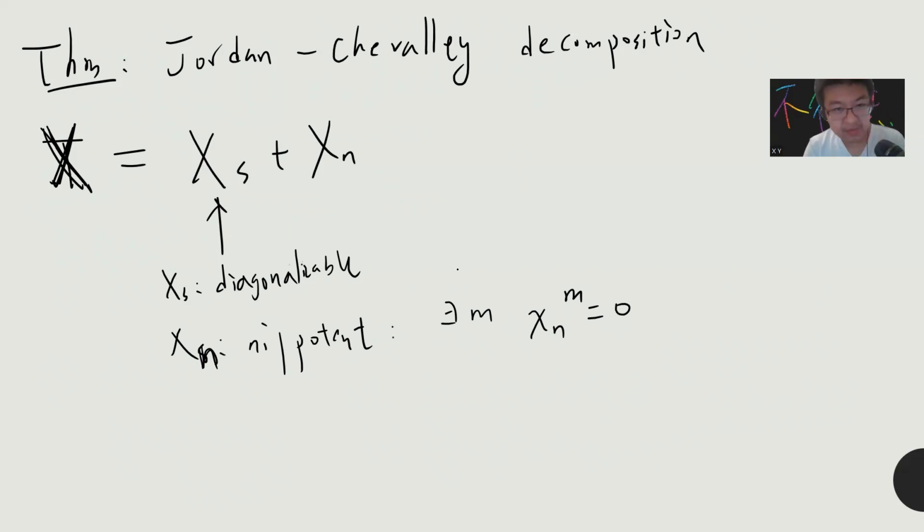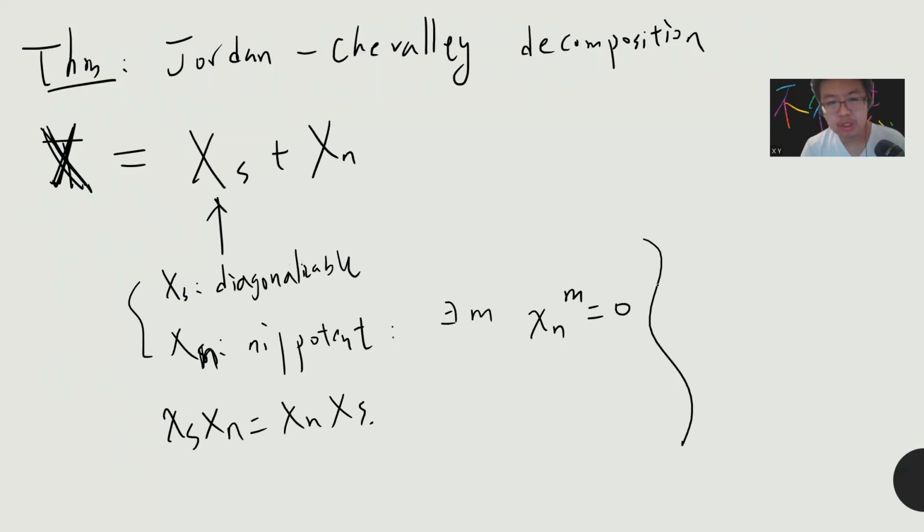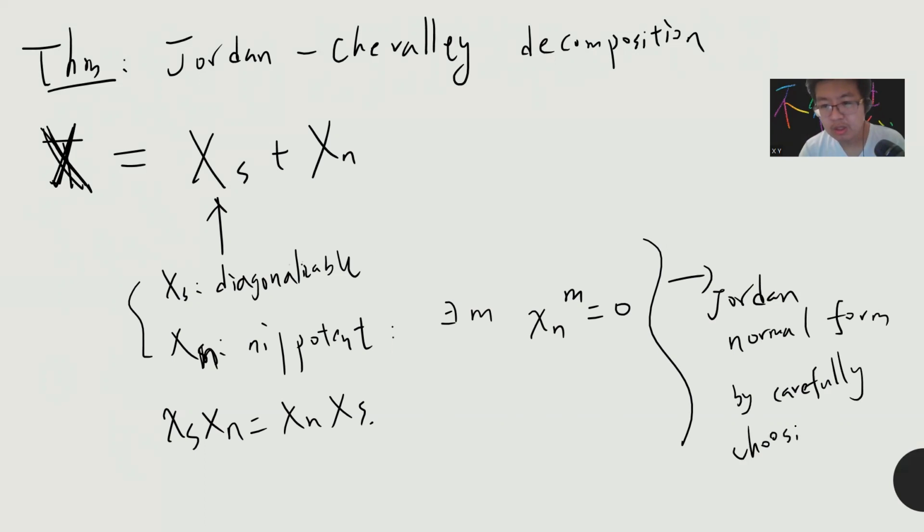And these two commute. You can easily show that if someone gives you these three, then by carefully choosing the basis, you will get a Jordan normal form.